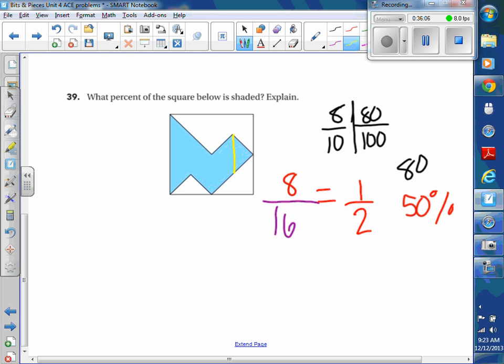No, it's 50%. They got rid of that and chunked it in here, right? Do you see that? And then this part would be gone. Do you get that? And then they took this little triangle here and stuck it in there. And that part's gone.